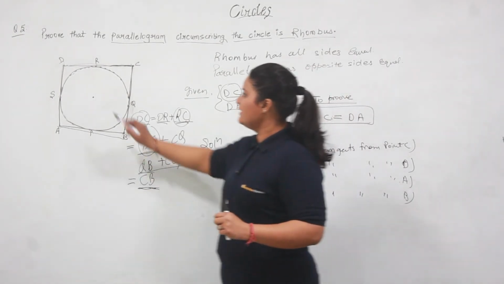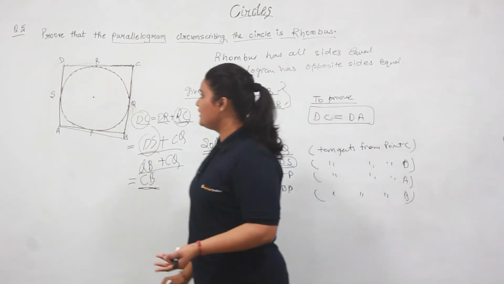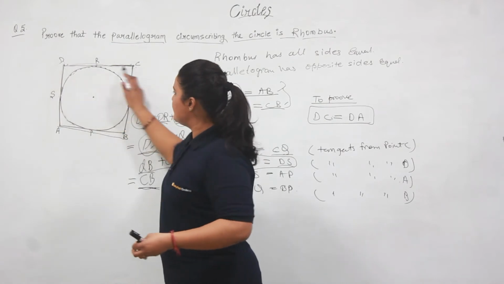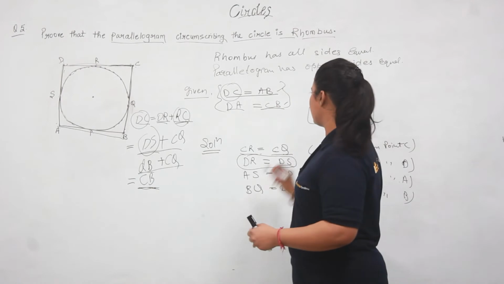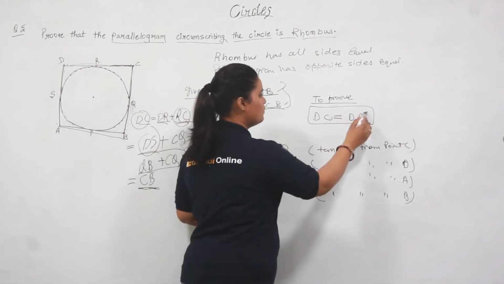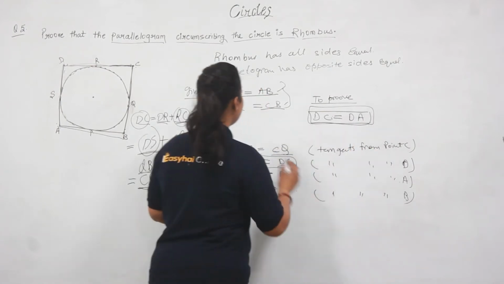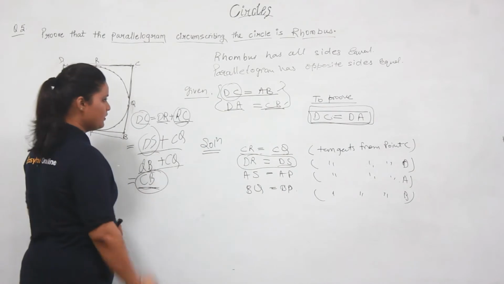Now, I can say that DC is equal to CB, and similarly, DC is equal to DA, or CB is equal to each other. What we have to prove over here is that DC is equal to DA, since DA is equal to CB. That I have proved over here.